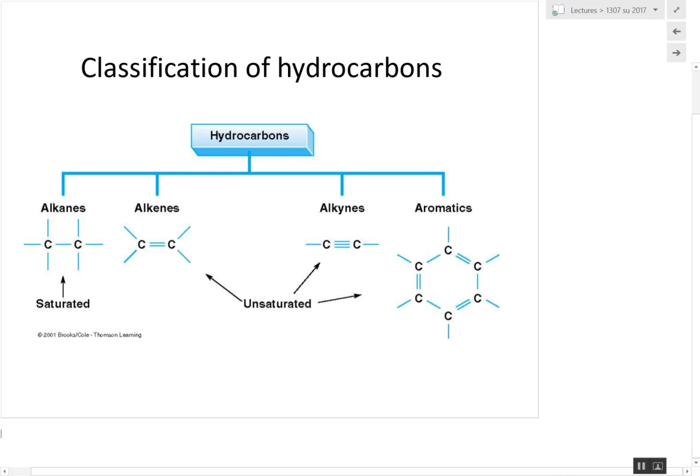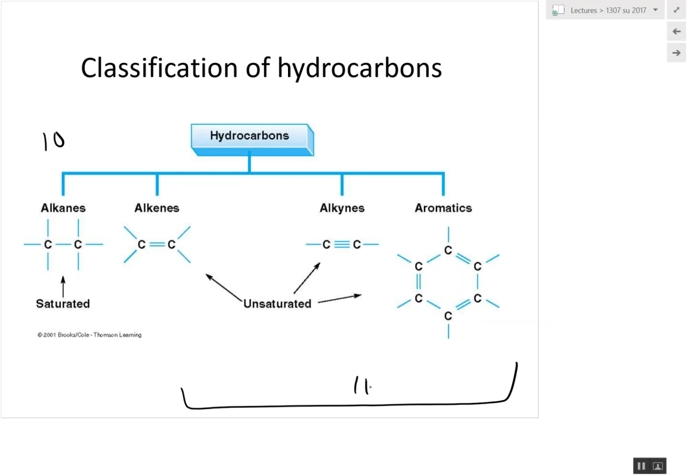Okay. Hydrocarbons. So this is chapter 10, and the rest of this is chapter 11. But both 10 and 11, we're going to study hydrocarbons. Two elements, hydrogen and carbon.